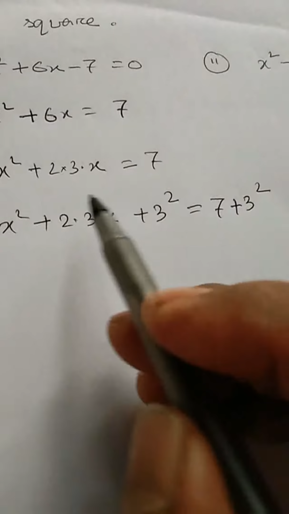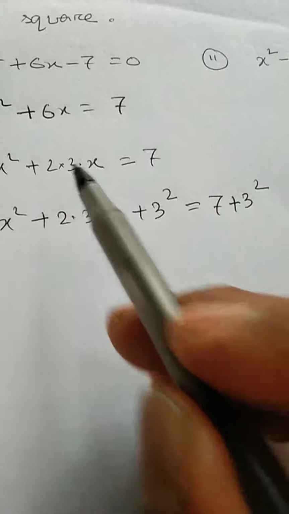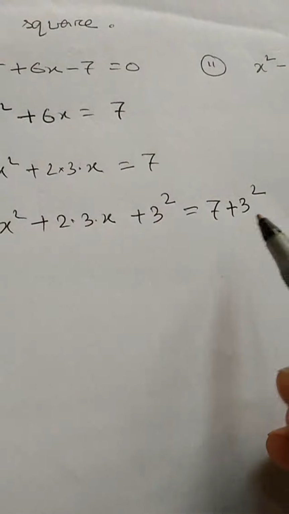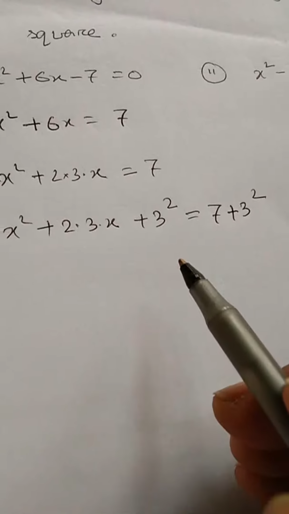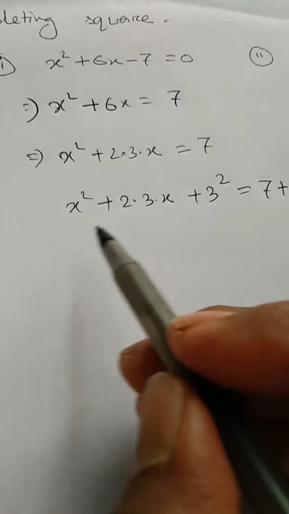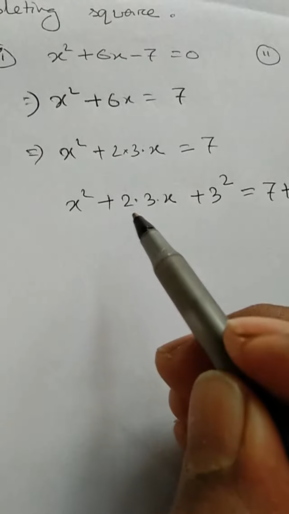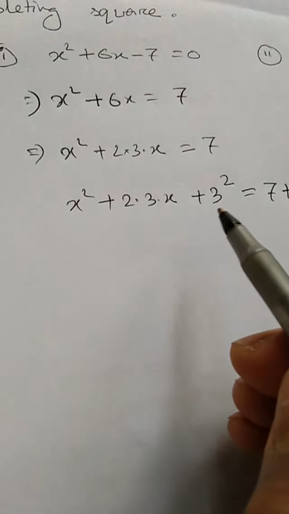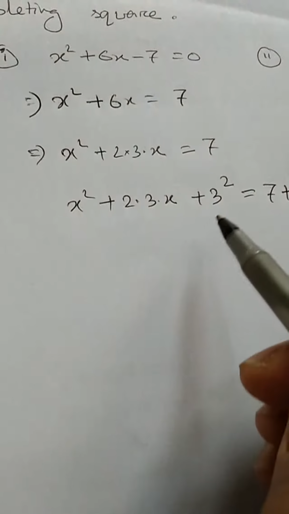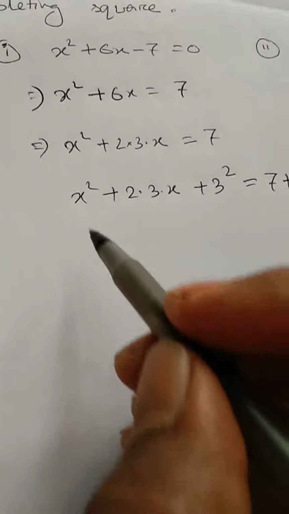So in between 2 and x we have 3, we have added 3 square on both sides here, and now this will convert to x square plus 2 into 3 into x plus 3 square, that means x plus 3 whole square.